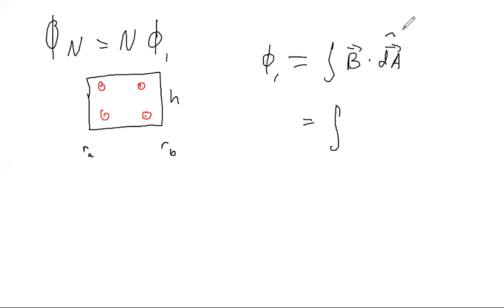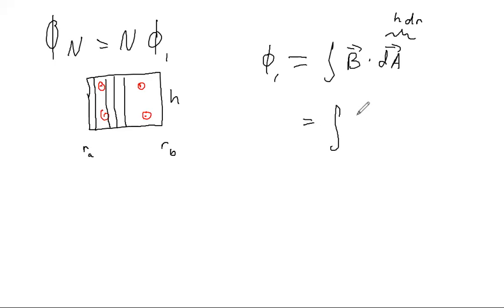For dA, I can simply write h times dr, so I'm breaking this up into little rectangles of height h and width dr. And B is given by the previous formula that we found.